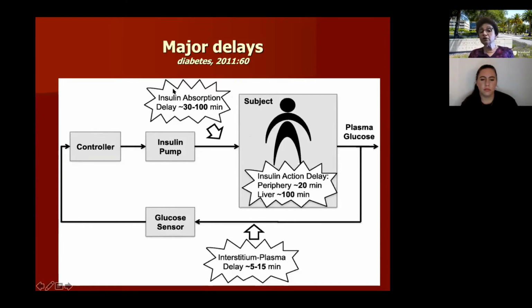During all this time, the liver is still not seeing the insulin, because for the insulin to reach the liver it takes about 90 to 100 minutes. So during that time the liver keeps producing glucose, although there's plenty of glucose in the blood, because the insulin hasn't reached the liver yet.